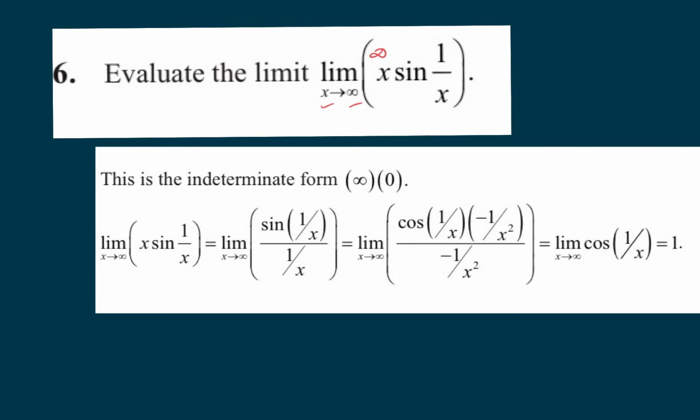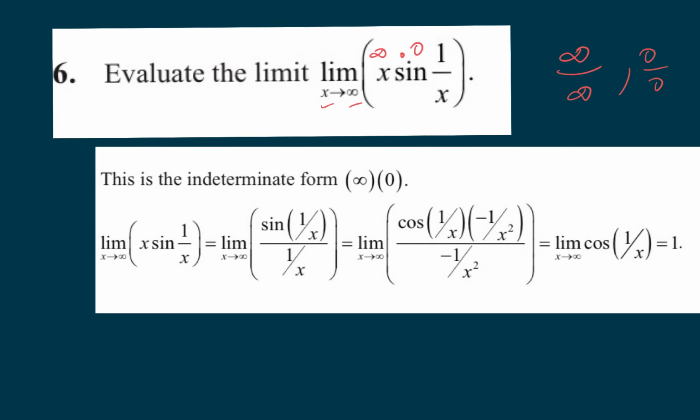And 1 divided by x approaches 0, and sine of 1 divided by x approaches 0 also, because sine of something very small is 0. So this is an indeterminate form, infinity times 0. We cannot apply L'Hopital's rule directly unless we have infinity divided by infinity or 0 divided by 0. So we need to massage the problem a little bit.